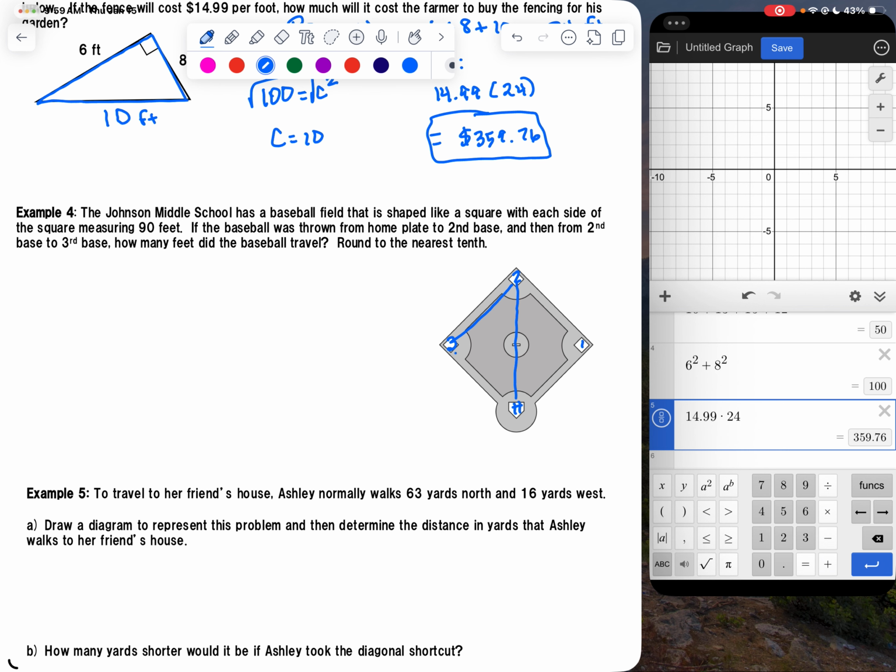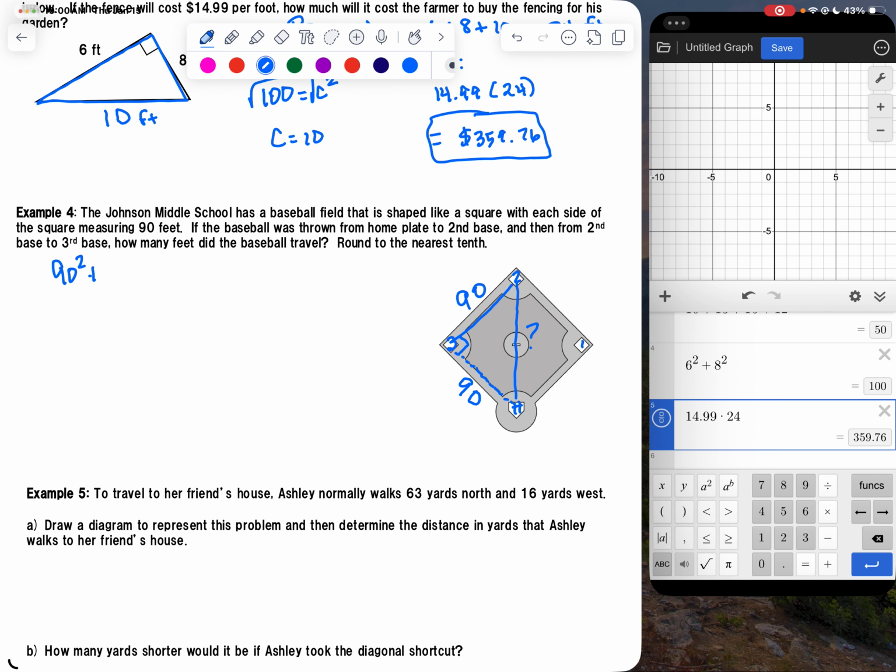Now I'm going to draw in this third side. So remember, they told us that each side of the baseball diamond is 90 feet. So I'm going to put a 90 there and there. In order to know the distance traveled, we would also need to know this length. Now, luckily, we form a right angle here, so we can find that by using our Pythagorean theorem.